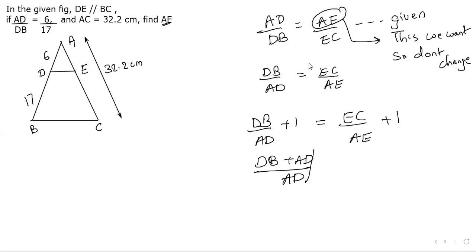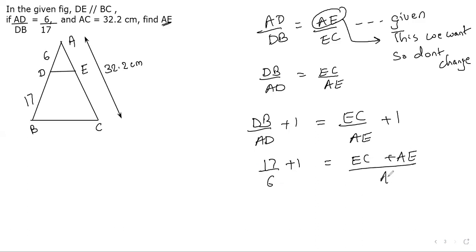Because I don't know the individual values of DB upon AD, straight away I will put the ratio. DB upon AD would be 17 upon 6 plus 1 is equal to EC plus AE upon AE. Are you understanding what I'm trying to say? 17 plus 6 upon 6, this ratio I have put. I have not taken DB as 17, no, the entire ratio I have taken.